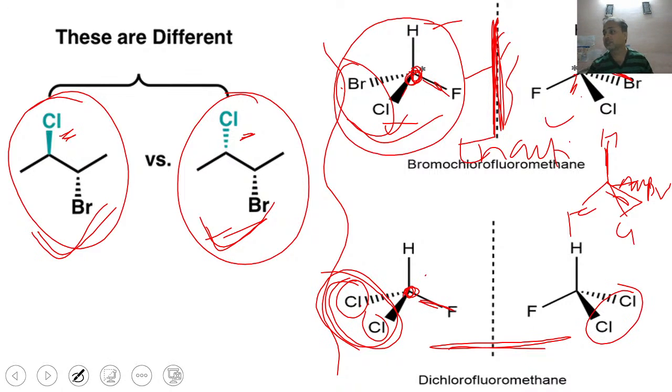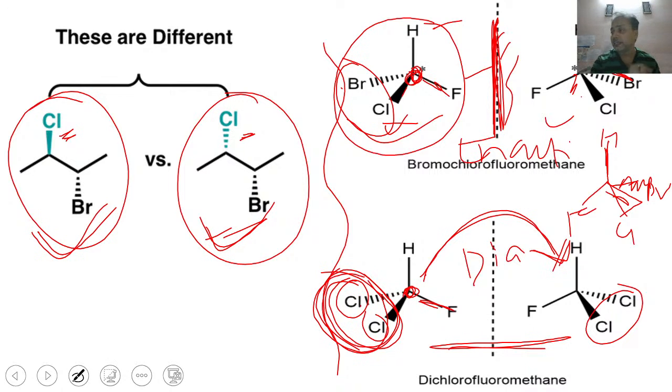So this compound is going to superimpose on this compound. Why? Because first, you don't have any asymmetric carbon. You cannot differentiate between these two chlorines, so both chlorines are of the same type.